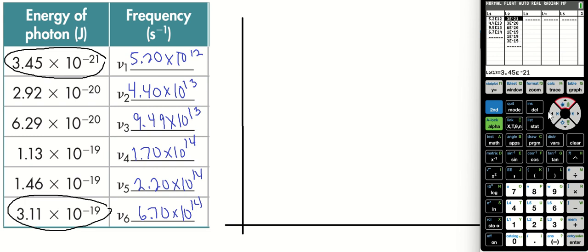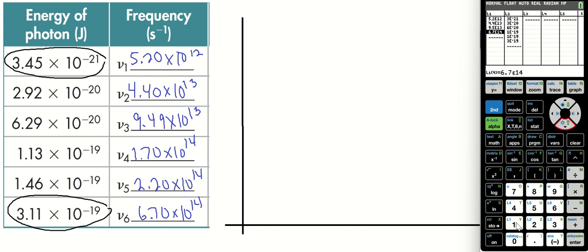Let's check my x's. 5.2 times 10 to the 12. Alright, they changed them all into, alright, that one's good, that one's good.